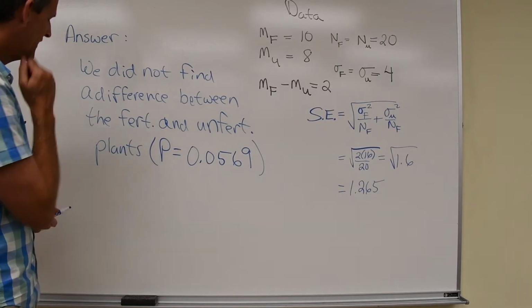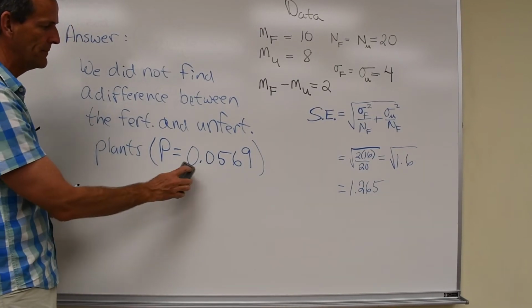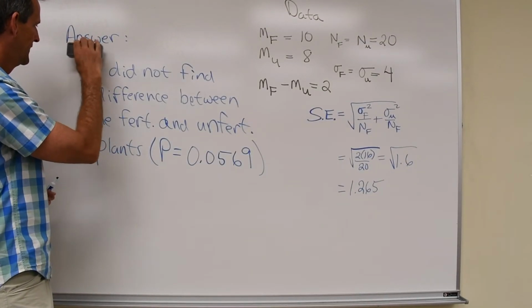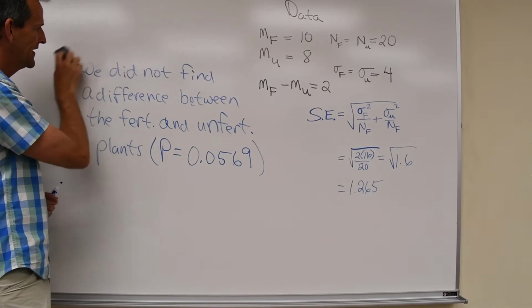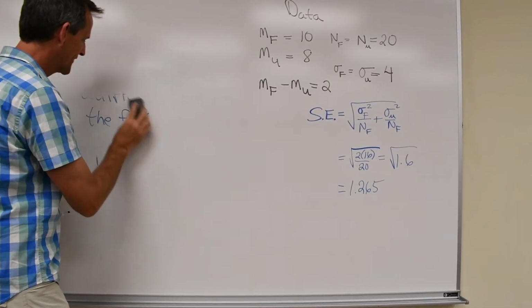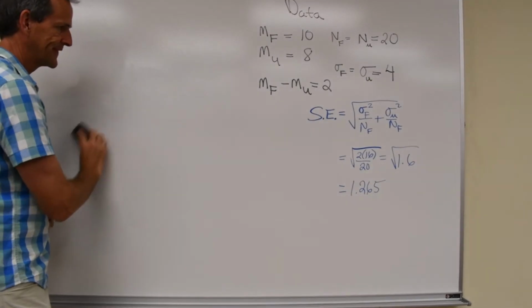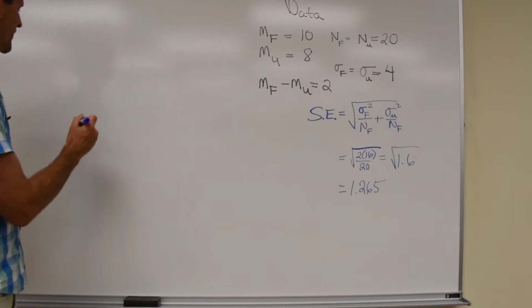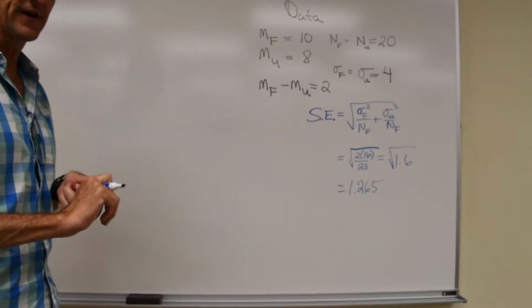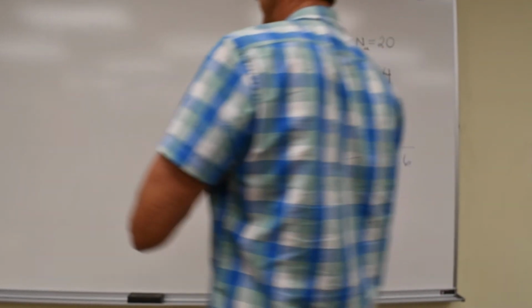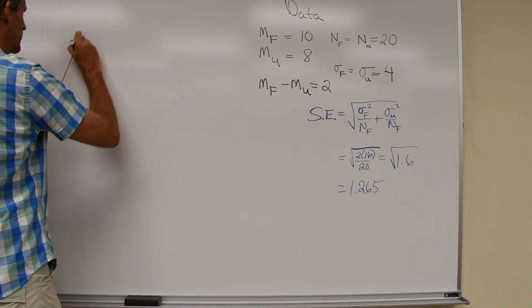Okay. Now I want to elaborate a little bit more about what we do with these probability values. Okay, so I'm going to erase this. We will come back to this example in a little bit. All right? Okay. So, first of all, what we were looking at is we had modeled the null hypothesis. Right?